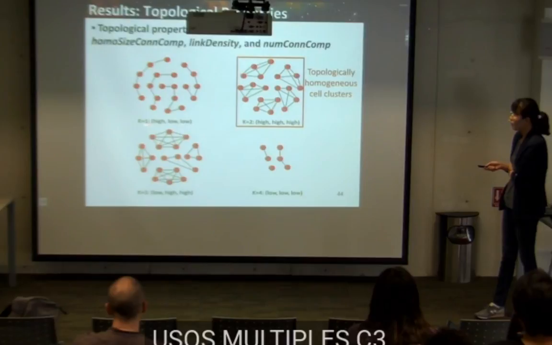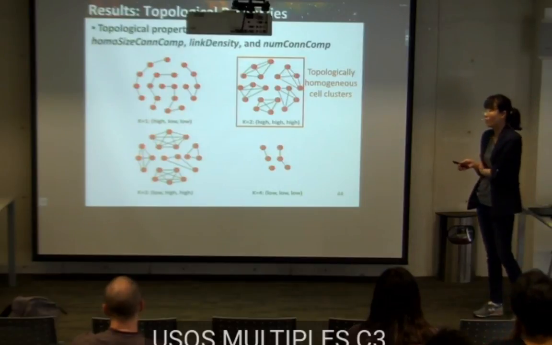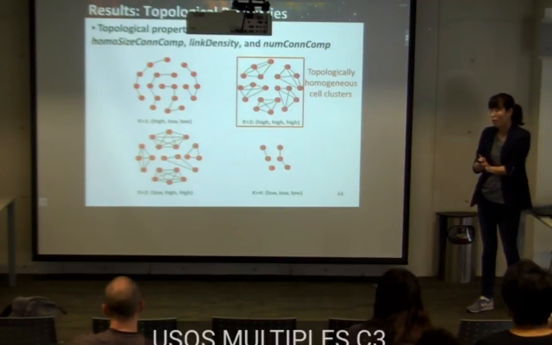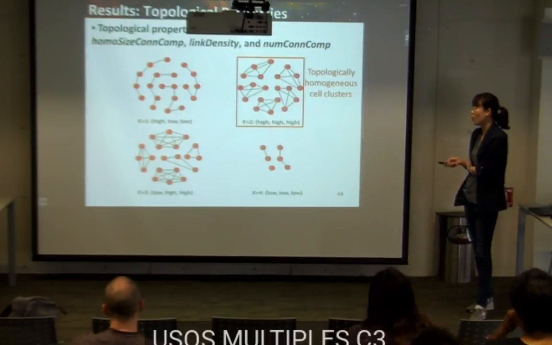K equal 1 had relatively higher homogeneity of sizes of connected components, lower link density, and a lower number of connected components when compared to K equal 2, 3, and 4. So we express it as just high, low, low.